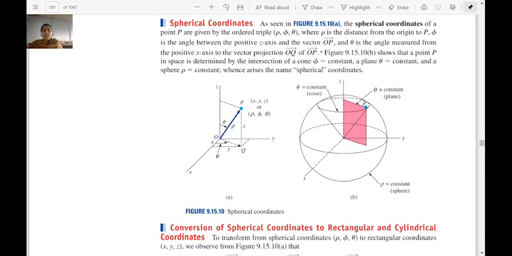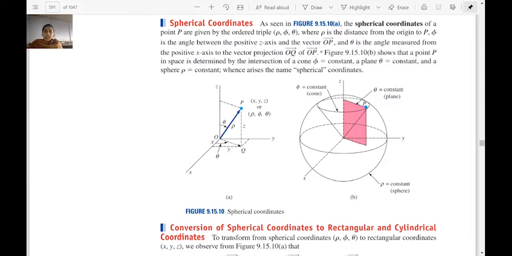So next we have the spherical coordinate system. We consider a point P in xyz space given by (x, y, z), or this can also be represented by the spherical coordinates, which is the ordered triple ρ, φ and θ. Now ρ is the distance from the origin to the point P. φ is the angle between the positive z-axis and the ray OP.